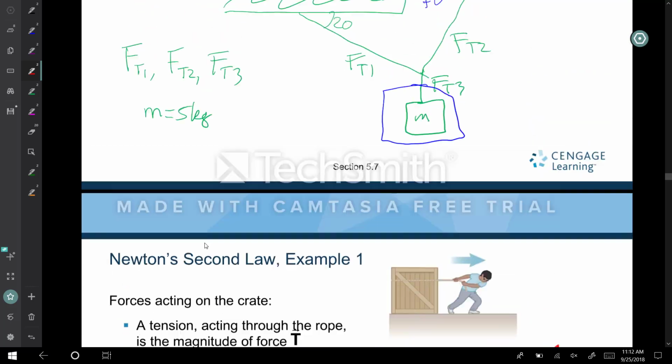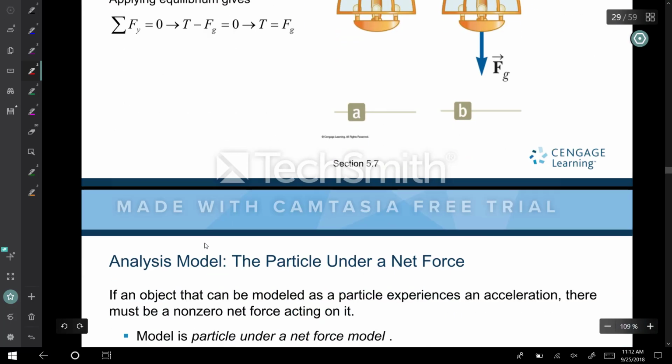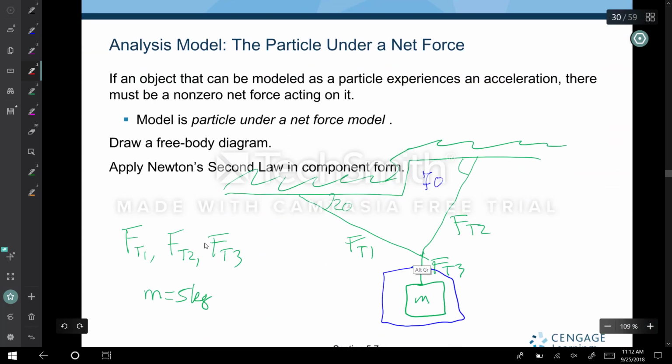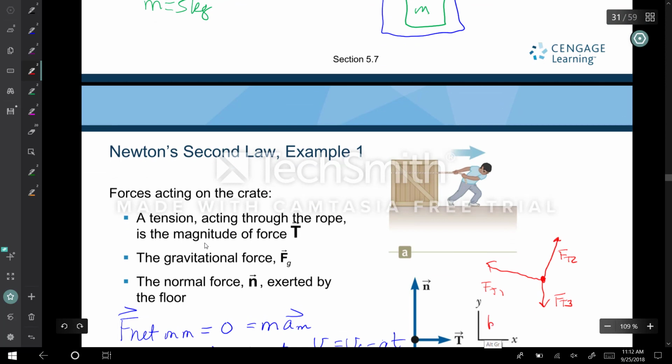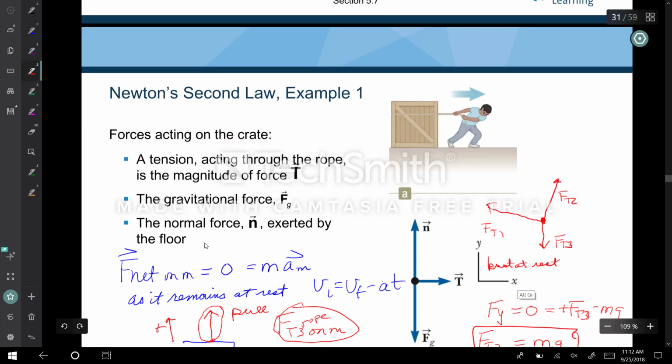They all act on this teeny tiny mass where they're all tied together. Is that mass moving? Nope. So it's at rest, which says what? F net on the knot equals 0.